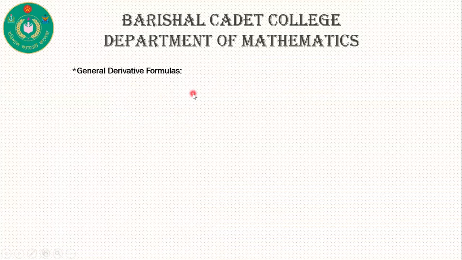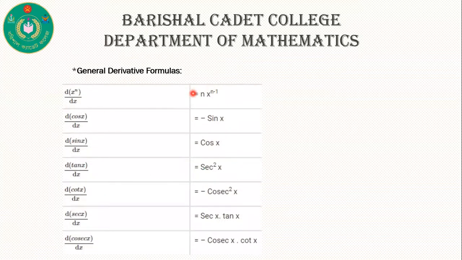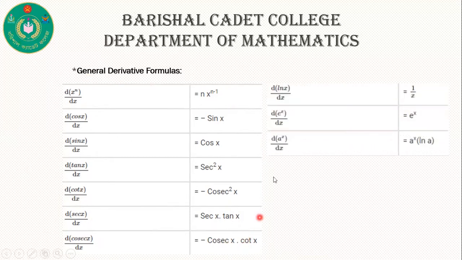Now the general formulas of derivatives. We use these formulas when we solve different types of differentiation problems. d/dx x^n = n x^(n-1), d/dx cos x = -sin x, d/dx sin x = cos x, d/dx tan x = sec² x (from first principle, we know this formula), d/dx cot x = -cosec² x, d/dx sec x = sec x tan x, d/dx cosec x = -cosec x cot x, d/dx ln x = 1/x, d/dx e^x = e^x, and d/dx a^x = a^x ln a.